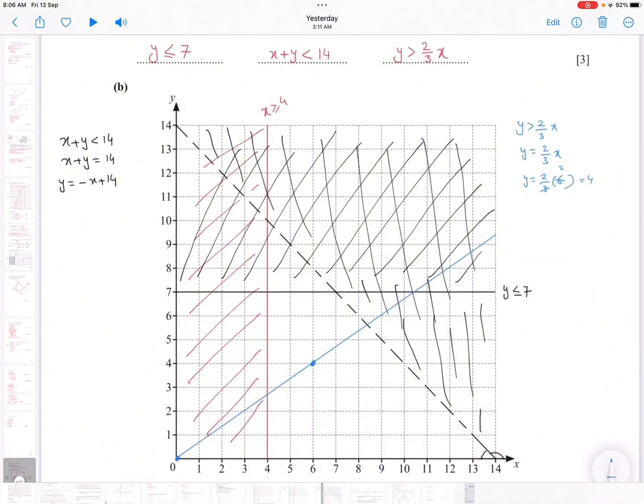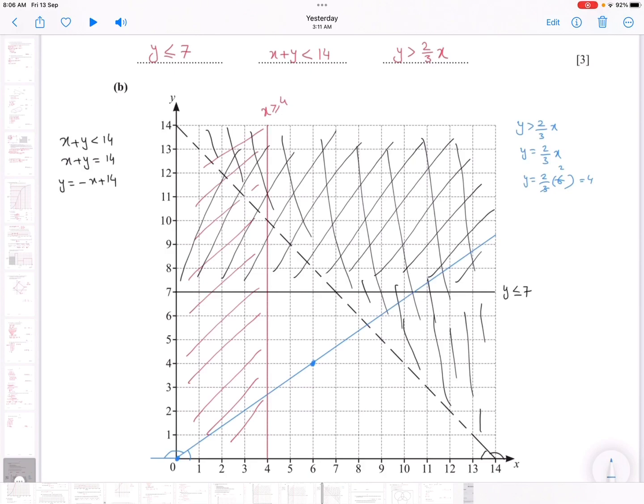Okay. Now the region, this line should also be a dotted line. It should not be a solid line. So I think I forgot to make it dotted line. So you don't forget to draw this as a dotted line, because he said y is greater than 2 over 3x. It's not y is greater than and equal to.